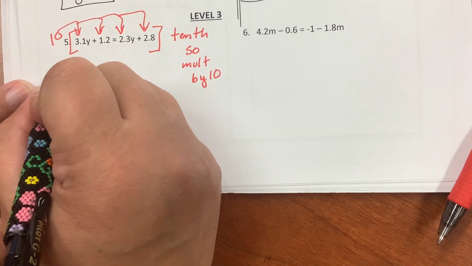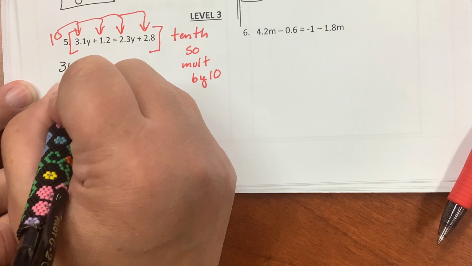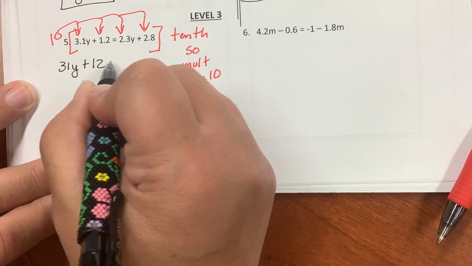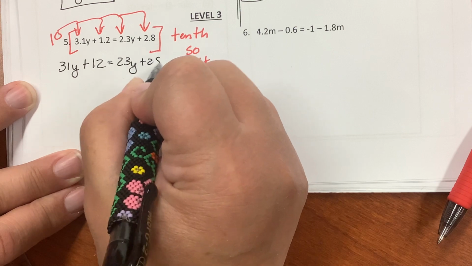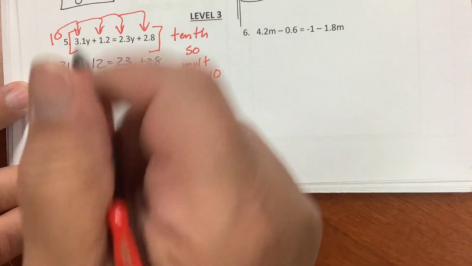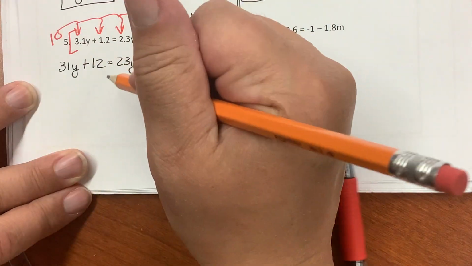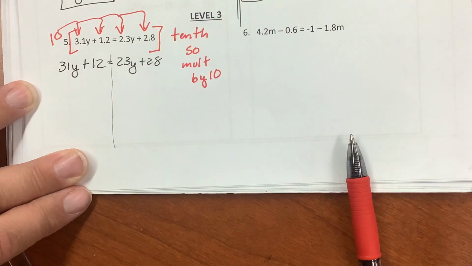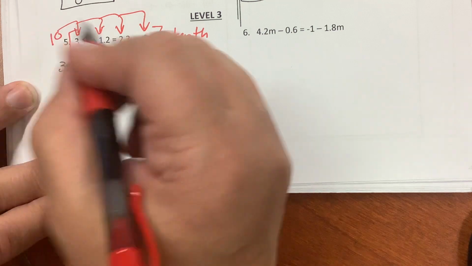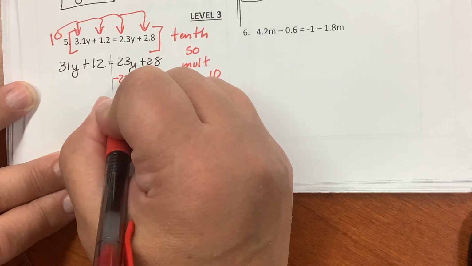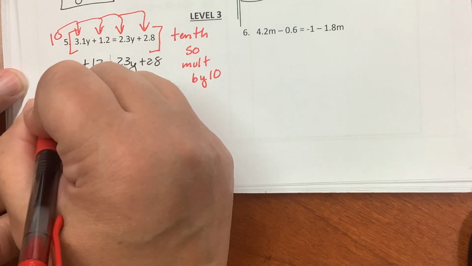And then all those decimals are going to go away. And I get 31y plus 12 equals 23y plus 28. All right, now I'm going to draw my line. 23y is smaller than 31y, so subtract 23y from both sides.